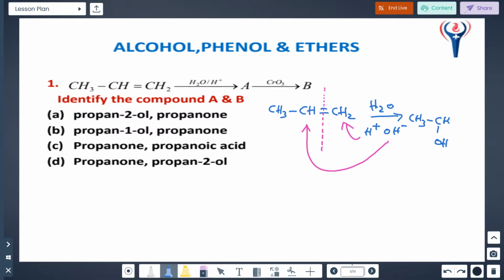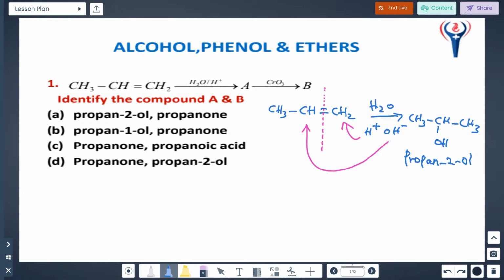So H goes here, and it becomes single bond CH3. What's the name of the compound? We have 3 carbons, OH in the second carbon. So propan-2-ol.